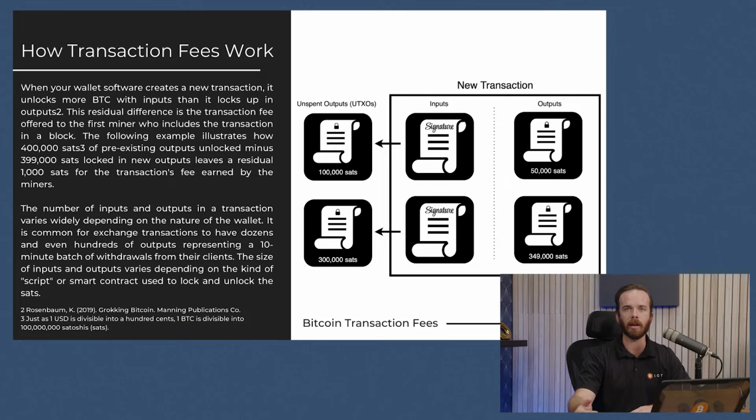So in a typical Bitcoin transaction, you might have one or more inputs that are Bitcoin that you are unlocking, and then one or more outputs that you are locking up to, which will likely include a change address going back to your wallet.